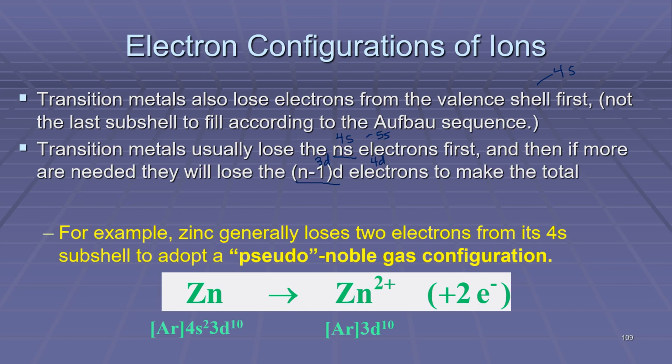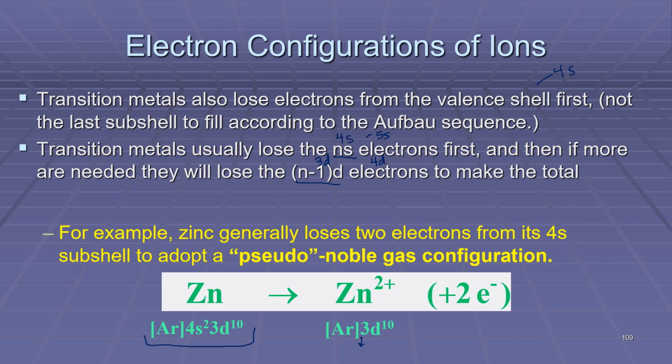So here's an example for zinc. Zinc generally loses 2 electrons from its 4s subshell. You can see here the noble gas for zinc, argon core, 4s2, 3d10. The last 2 electrons we put in were the 3d electrons, but actually it's going to lose the 4s electrons first.